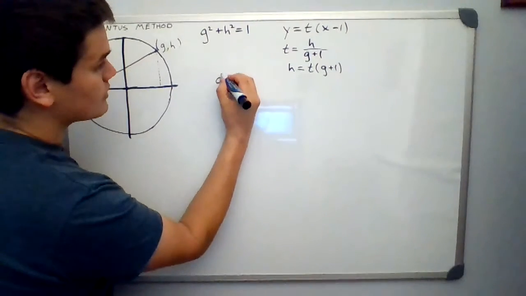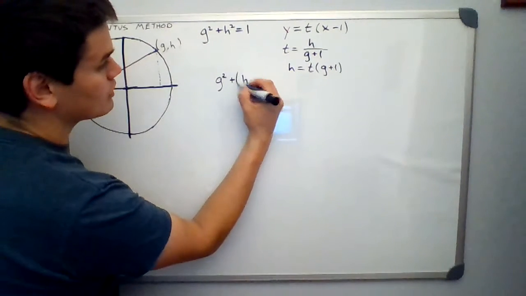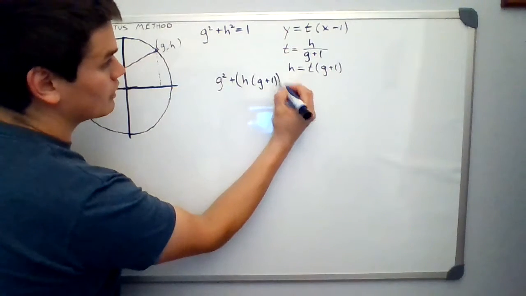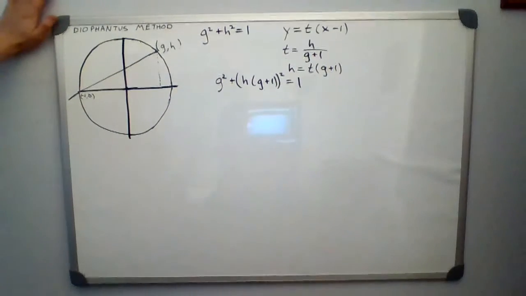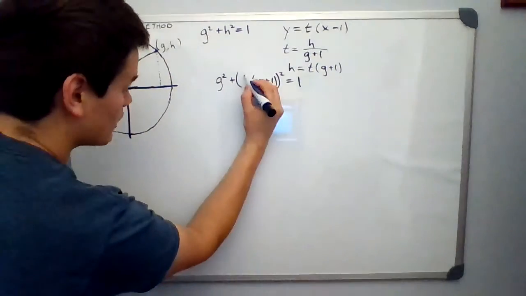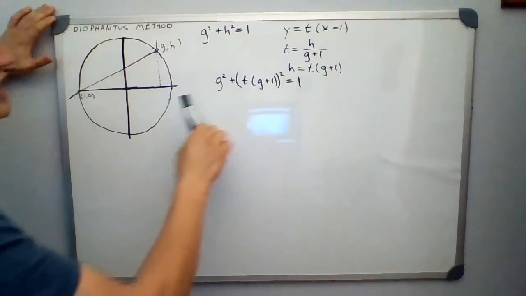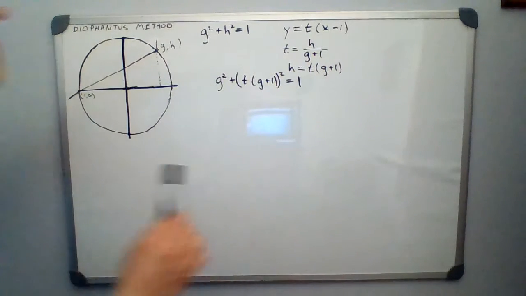So I have g squared plus t squared times (g plus 1) squared is equal to 1. Now I have a relation between g and t, so I should be able to solve for g in terms of t.